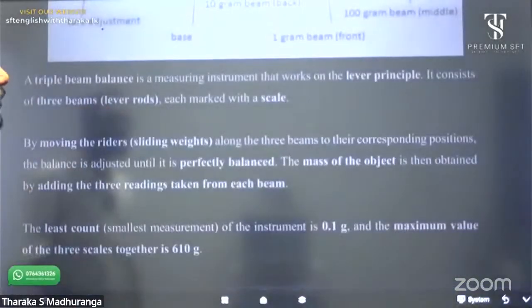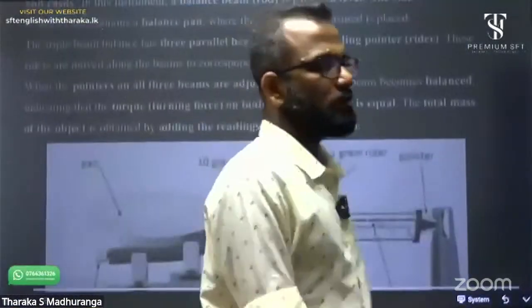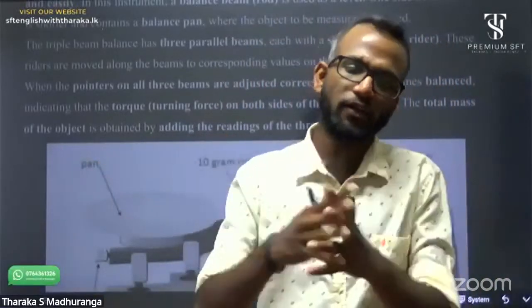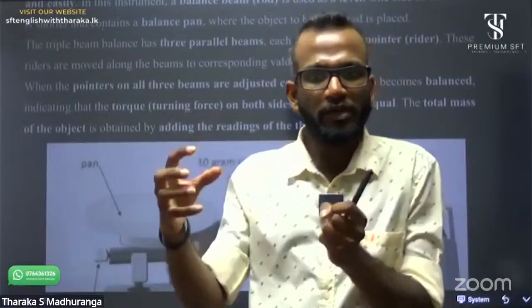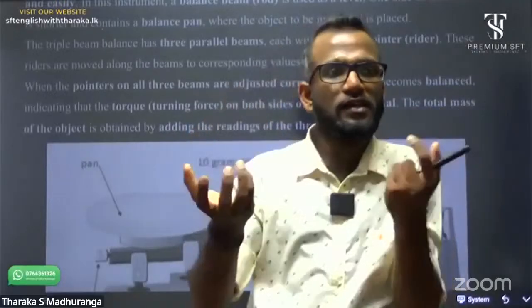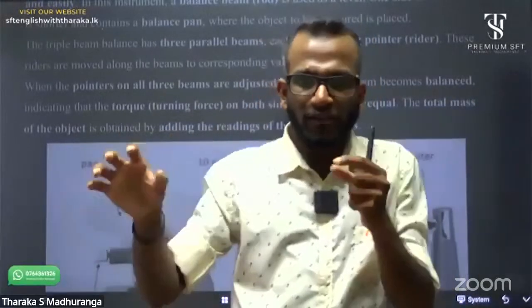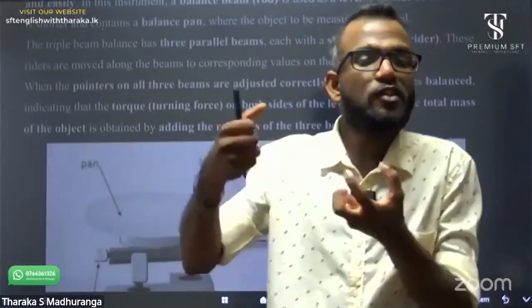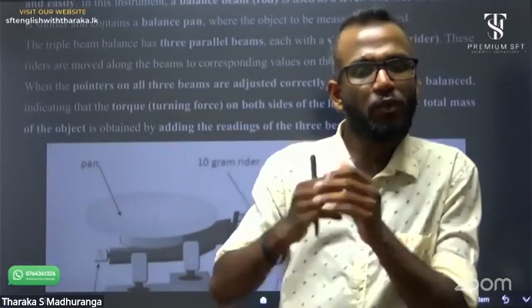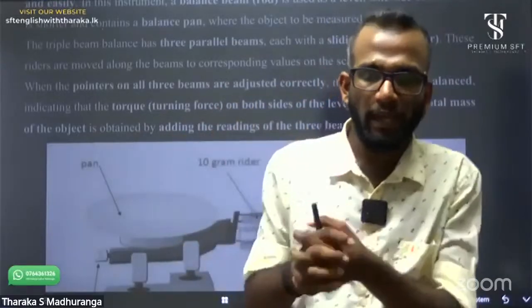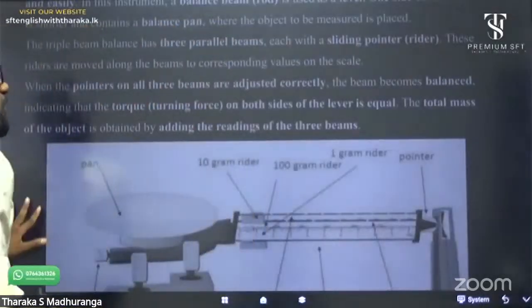Okay, let's move into mass measuring instruments. Nowadays the instrument used is the electronic balance. But before electronic balances, more than 5 to 6 years ago, laboratories used the triple beam balance to get more sensitive measurements.